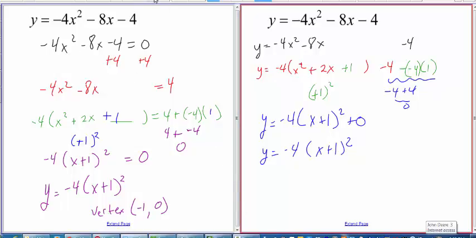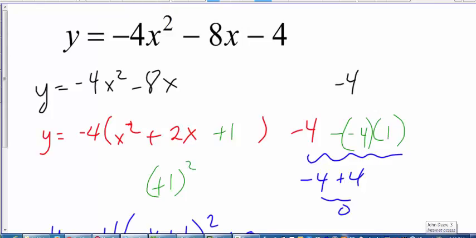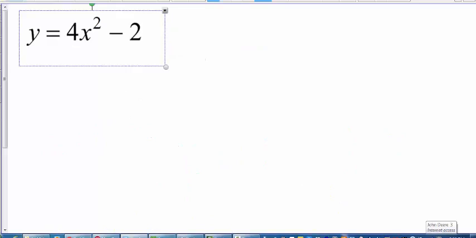Now, let's look at another example. Let's pop out of doubles and go to single page. Let's look at this particular example. We need to take it into quadratic form. Well, 4x squared minus 2.